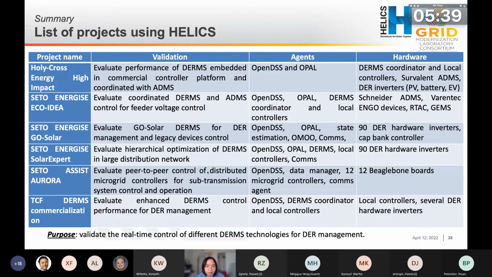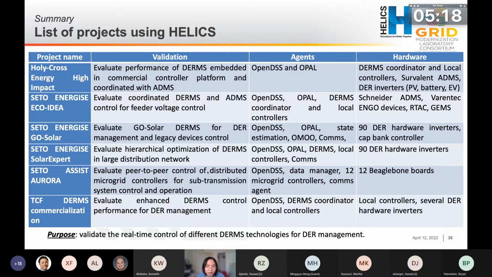And down the road, we have multiple CETO funded projects, including EcoIdea, Go Solar, and Energize Solar Expert. These 3 projects are to evaluate the DERMS performance for the DER management, and also for the legacy grid device controls.